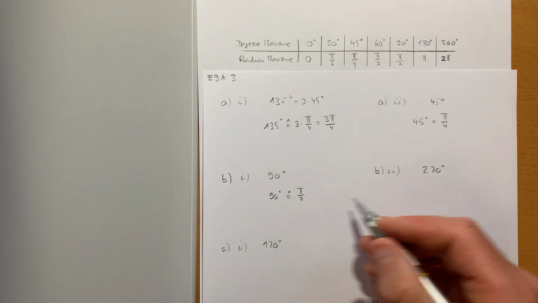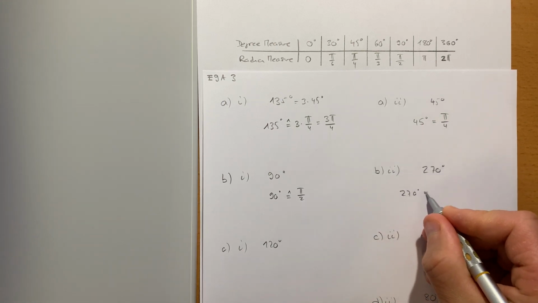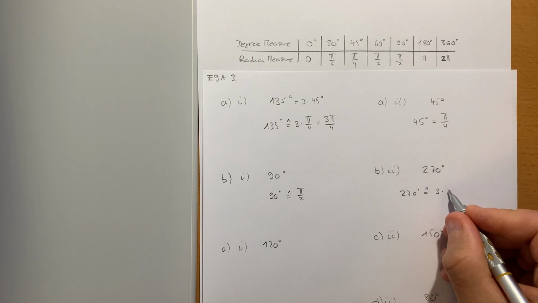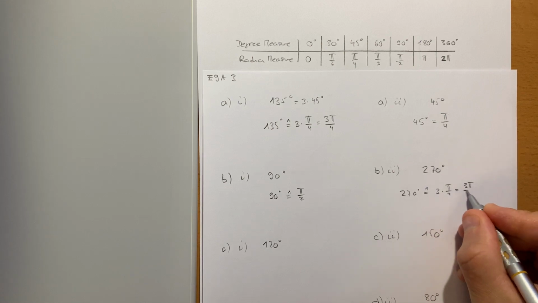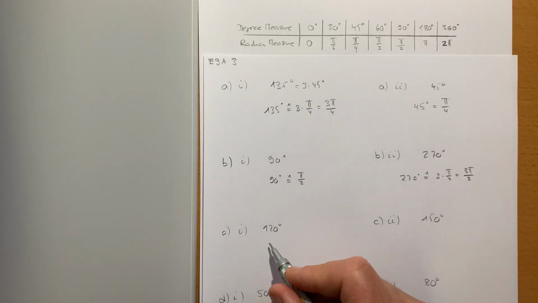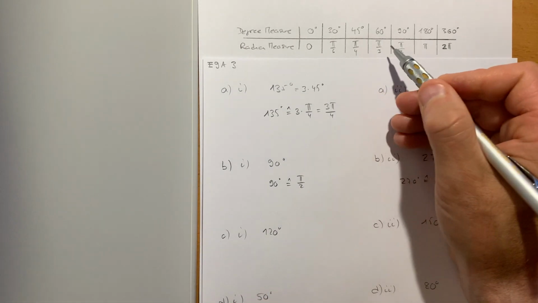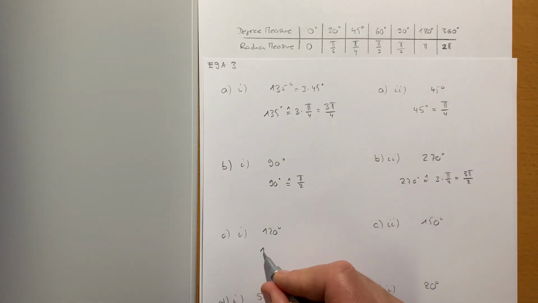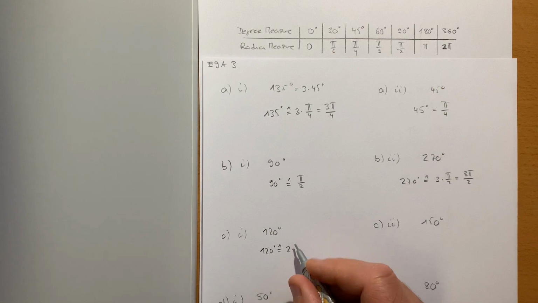270, that's 3 times 90 degrees. So 270 corresponds to 3 times pi halves. So it's 3 pi halves. 120 degrees, well, that's 2 times 60 degrees. So 120 corresponds to 2 times pi over 3.